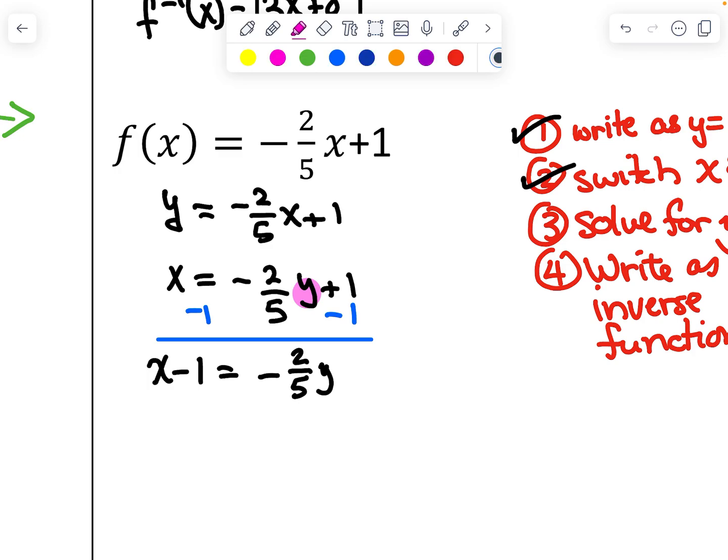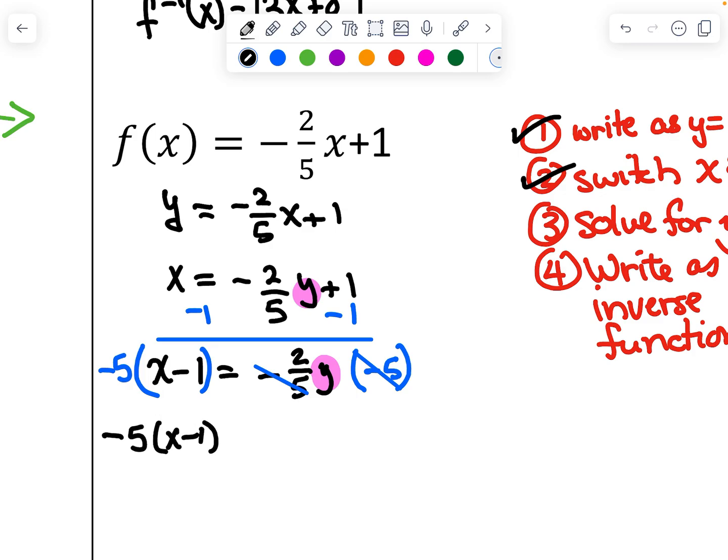Then, to get y alone, the next thing we're going to do is multiply by negative 5. Because if we multiply by negative 5, this negative 5 cancels this negative 5. And that gives me negative 5 times (x minus 1) equals 2y.